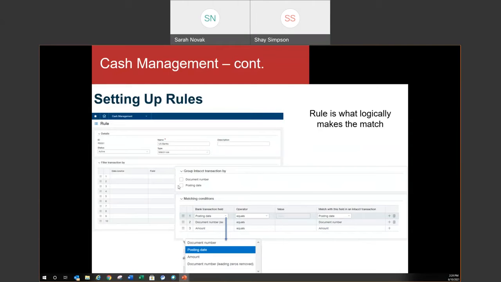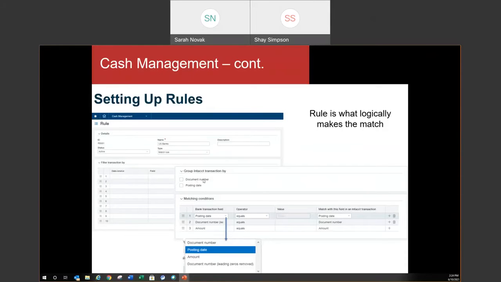Also within the rules, you will see now that you have these 2 check boxes: group by document number and posting date. How many times have we seen in Sage Intacct that we may have multiple transactions, and it's a many-to-one relationship because we may only see one transaction post within our bank?